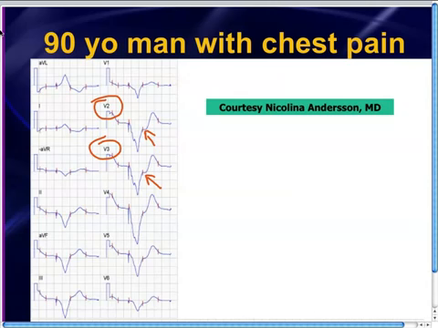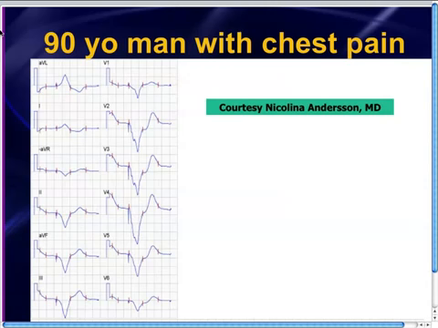And what ended up happening with this patient, sure enough, the patient did in fact rule in for myocardial infarction. Now, some of you may also notice that there's ST depression in the same direction in V4 and V5 and a bit in V6 also. Although we're not going to make a big deal about that technically because that's not part of Sarbossa's criteria.